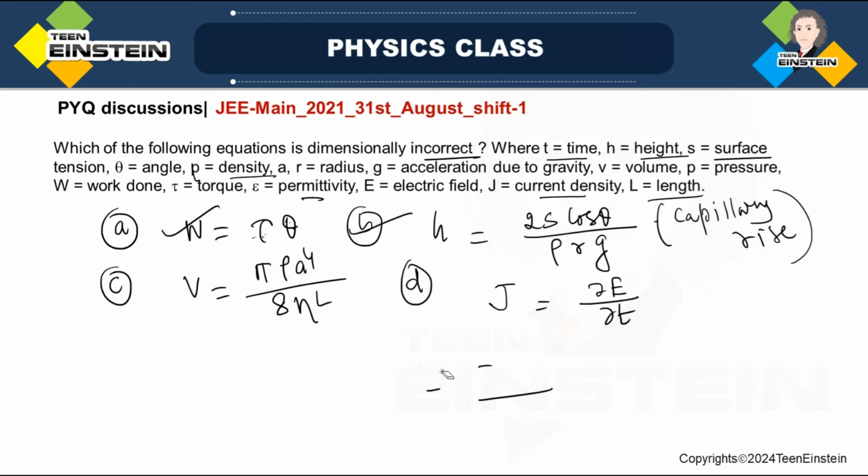So J is the current density, it is said, right? Current density means current by area. Current by area is the current density. Okay. So current has got unit, or dimension. Let us write that V by R, maybe.